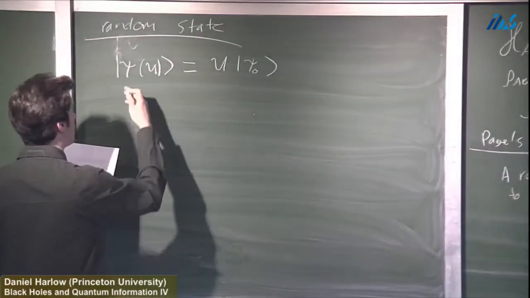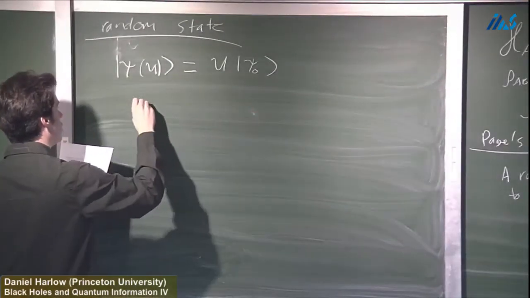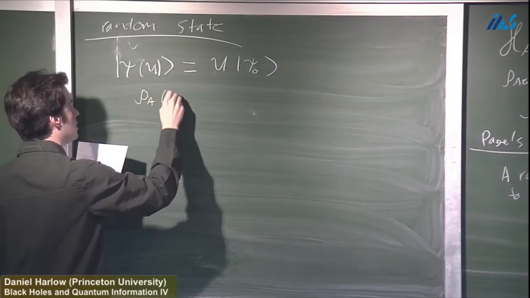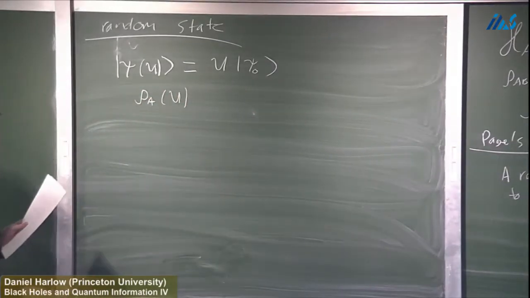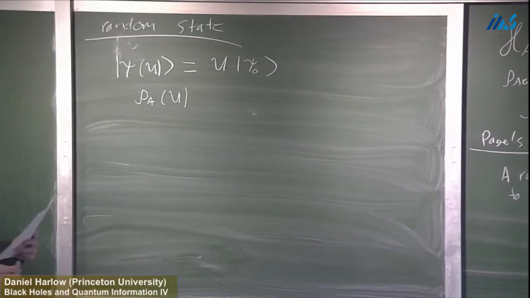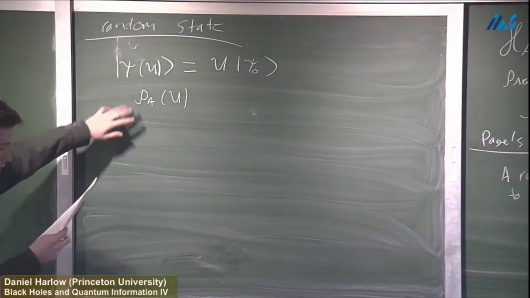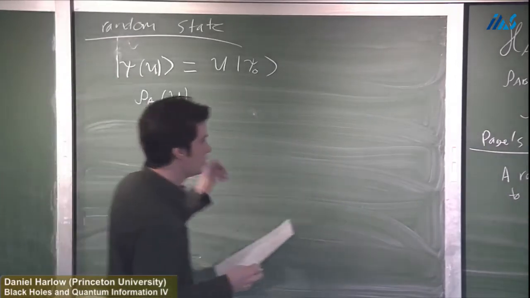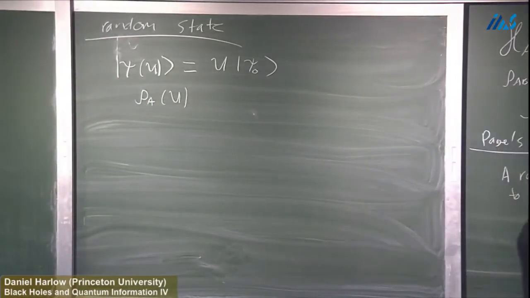Then, given this state, you can compute rho A of U. That's some function, and you can average this over U to figure out what's typically going on for the reduced density matrix on A, which is the thing that we want to say something about.